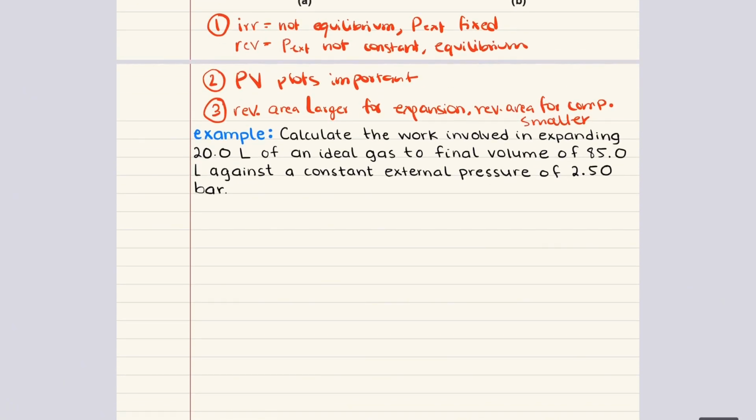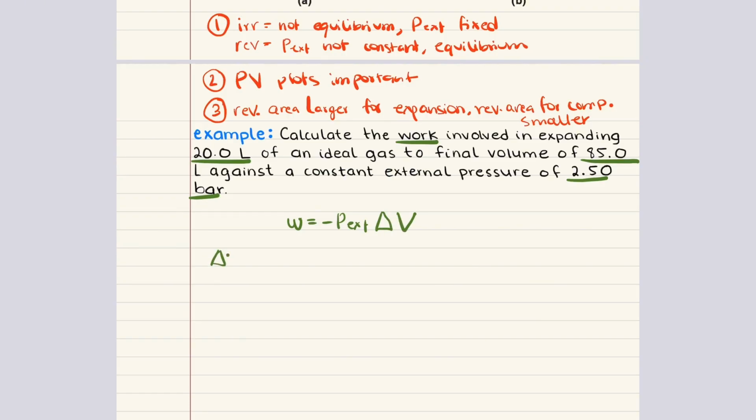In the first problem, we're asked to calculate the work involved in expanding 20 liters of an ideal gas to a final volume of 85 liters against a constant external pressure of 2.5 bar. When the external pressure is constant, the work is given by the expression work equals negative external pressure multiplied by the change in volume.